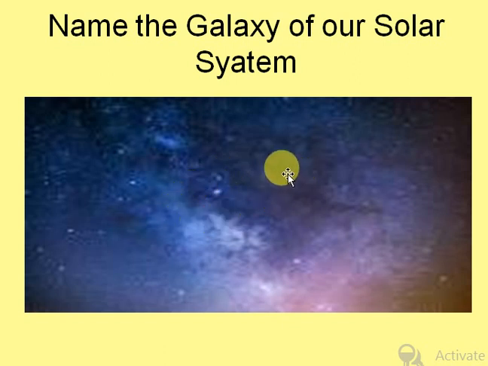Look carefully and try to name this galaxy. You will get the answer at the end of this module. Till that time, you try. What is the name of this galaxy? Our sun belongs to this galaxy.